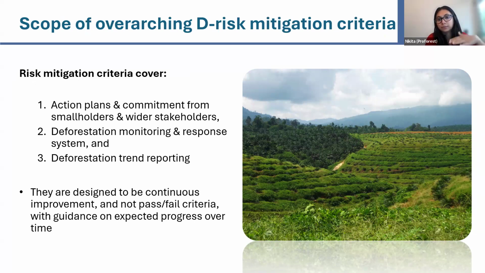Essentially, has deforestation been on a downward trend since the start of the initiative? These criteria are also meant to be continuous improvement and not a yes, no, or pass, fail criteria. That's why the criteria allows for more phased reporting, since landscape initiatives are long-term programs.